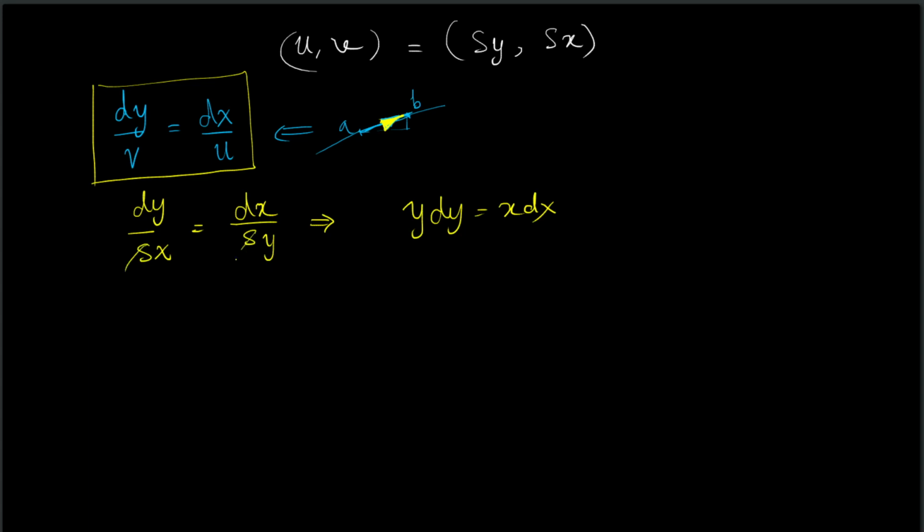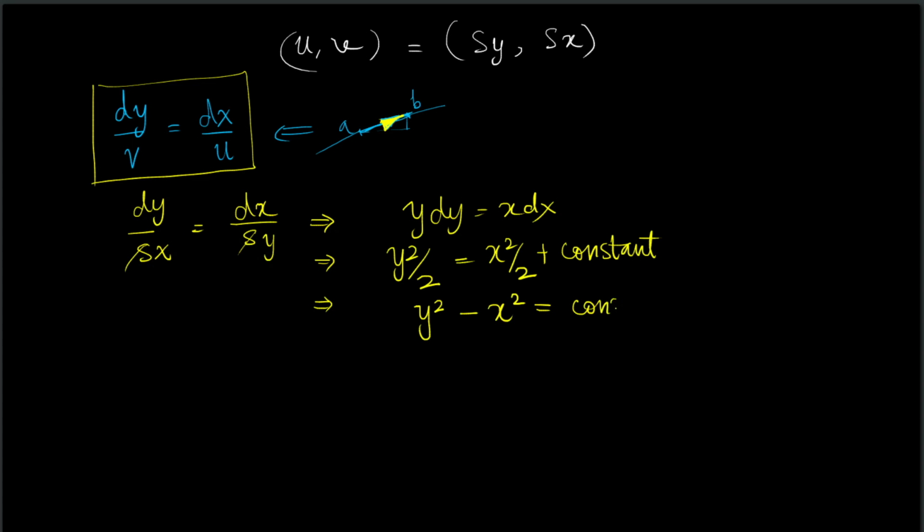So s cancels out, and you can integrate this keeping variable limits. So this becomes y square upon 2 is equal to x square upon 2 plus constant, and essentially I can absorb this half into the constant and write y square minus x square equal to constant.